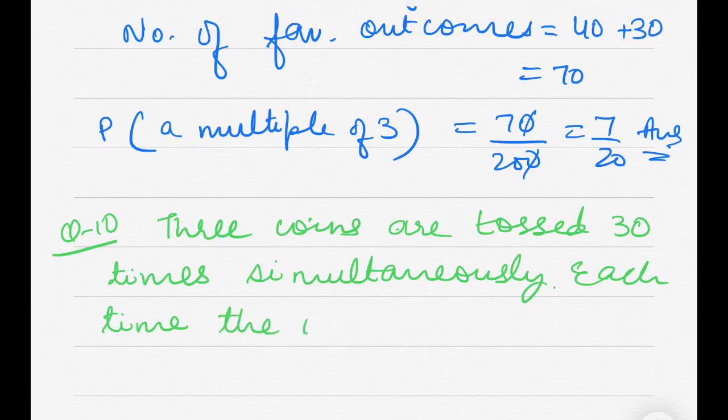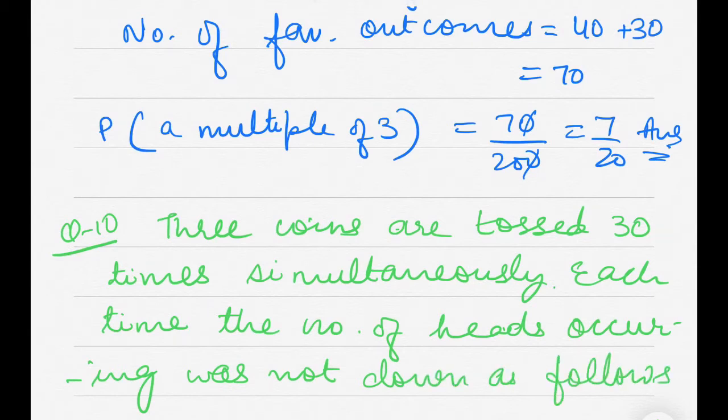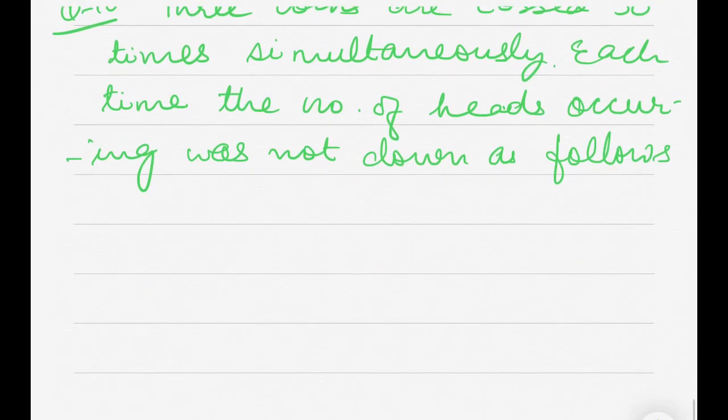Each time the number of heads occurring was noted down as follows. Whatever 30 observations were there, I need to write down.